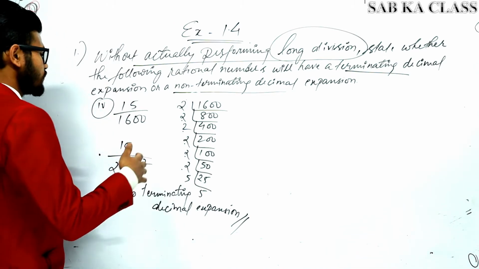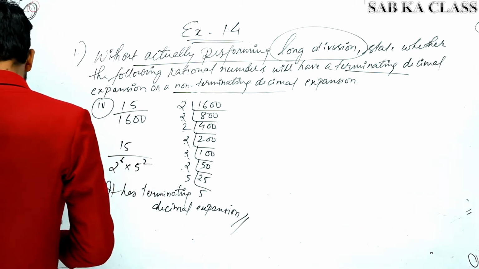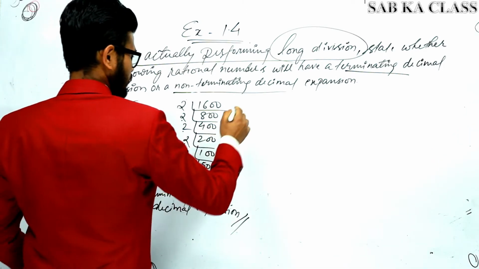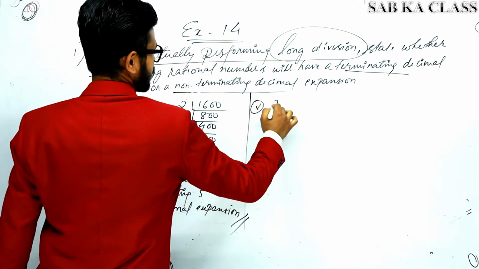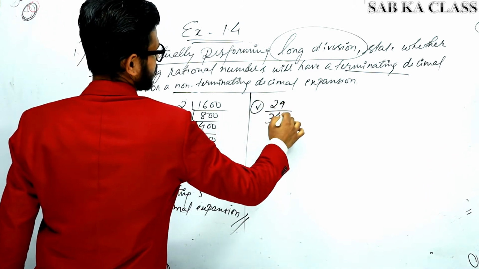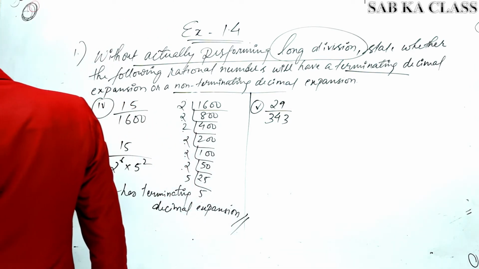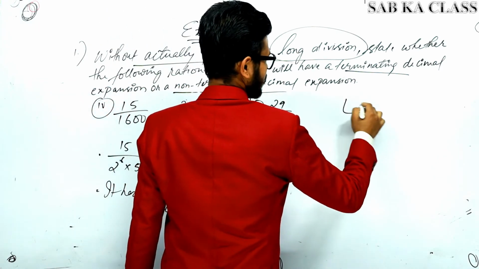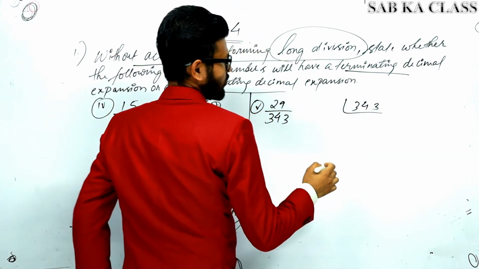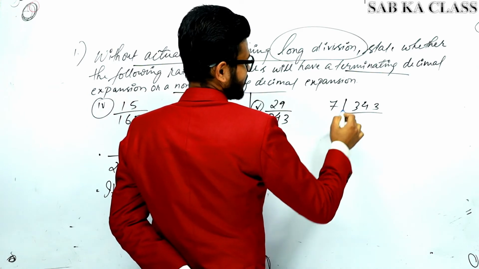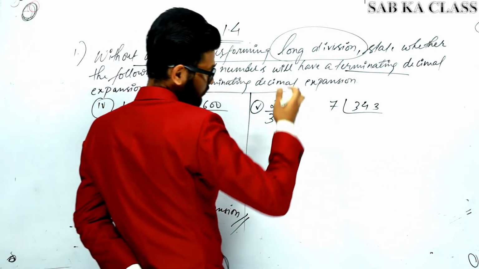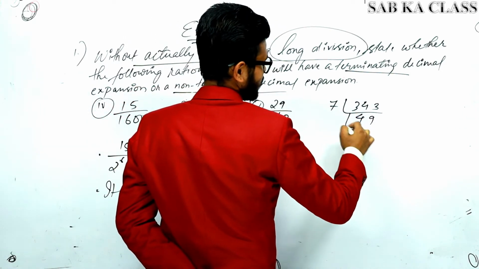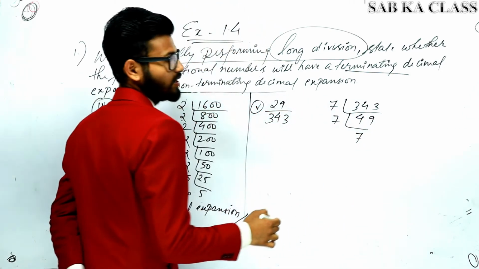Let us move to the next question. This is question number 5, 29 by 343. So let us factorize it. 343 is a multiple of 7. 7 7s are 49, 7 49s are 343.